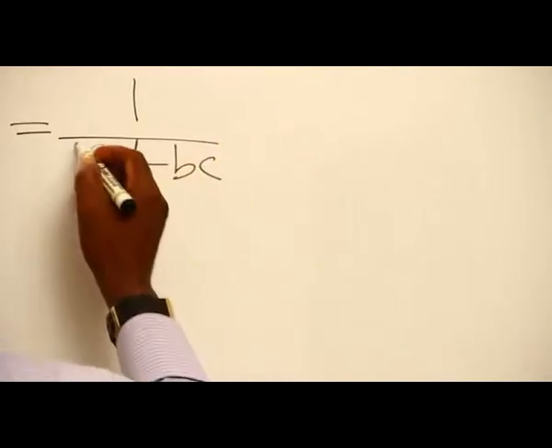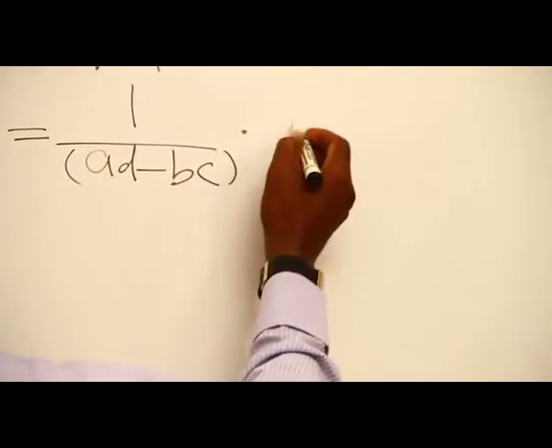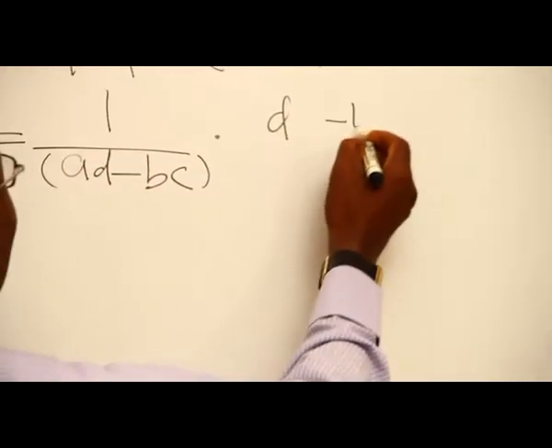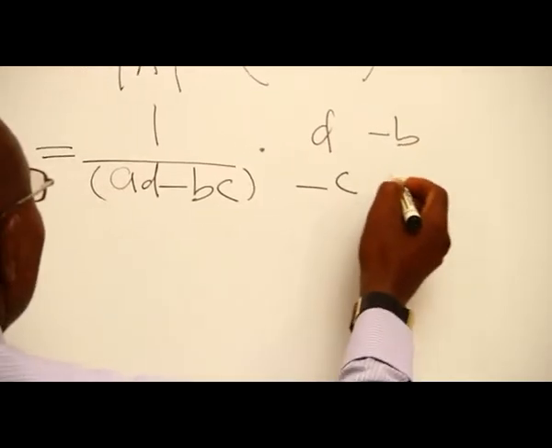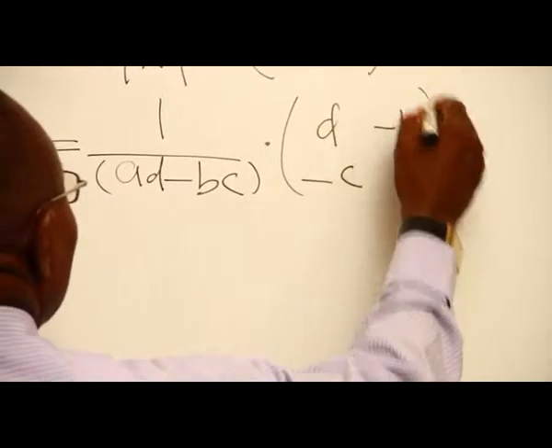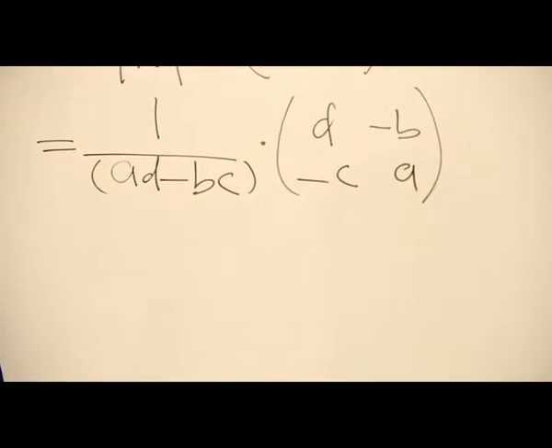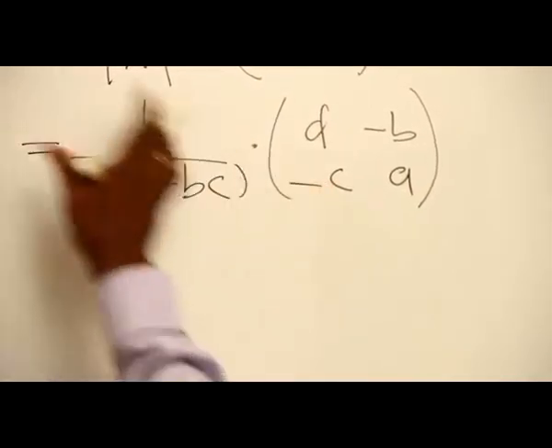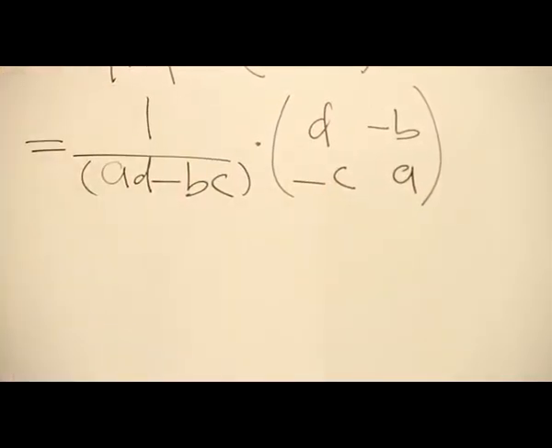And this will be multiplied by D, minus B, minus C, and A. This gives you the inverse of a 2 by 2 matrix.